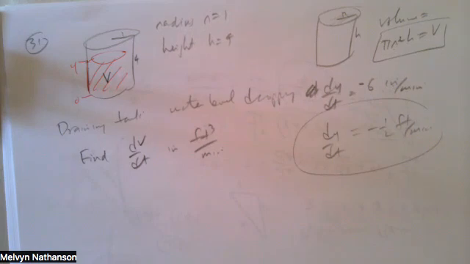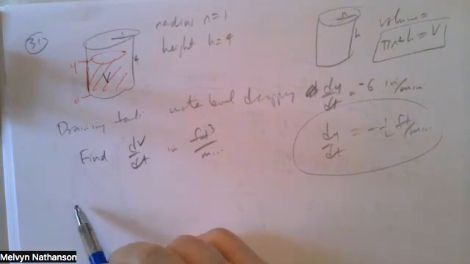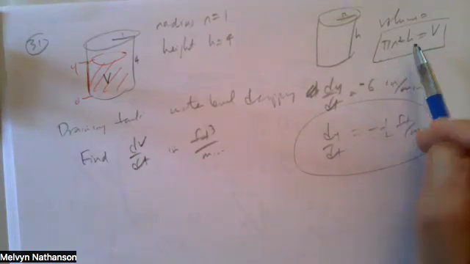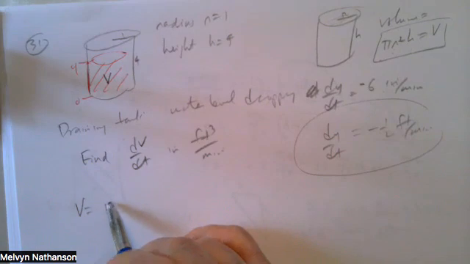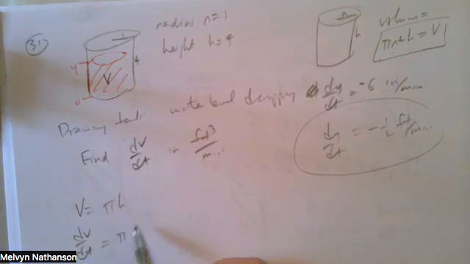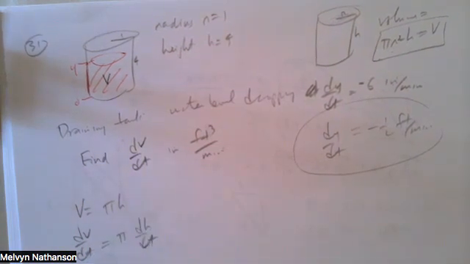So we have a relationship between the volume and the height. In general, the volume is pi r squared h. If r is equal to 1, the volume is simply pi times h. So dV/dt is pi times dh/dt.